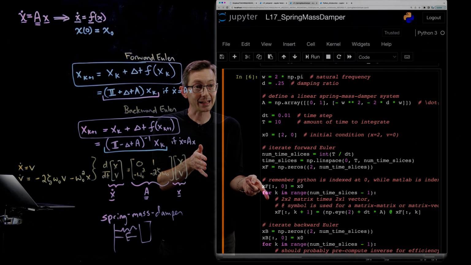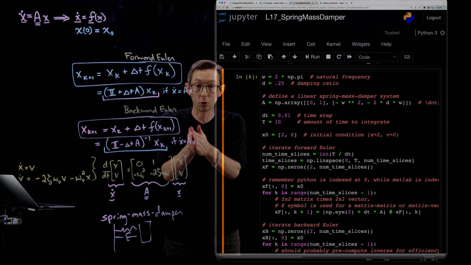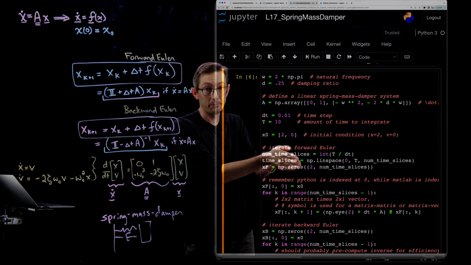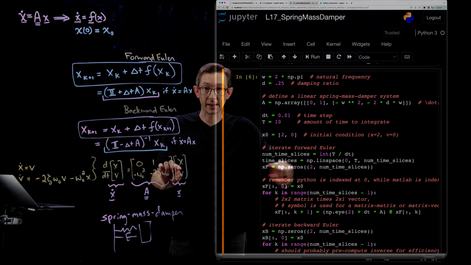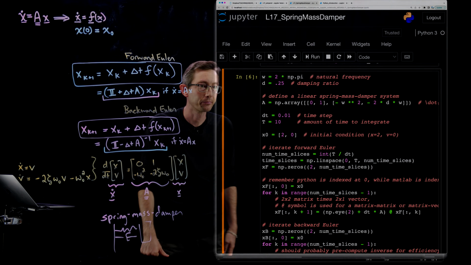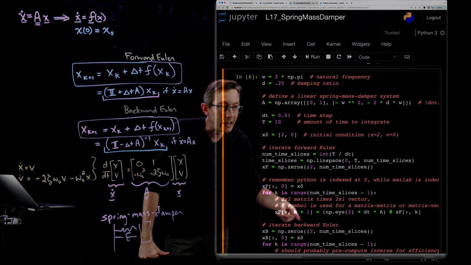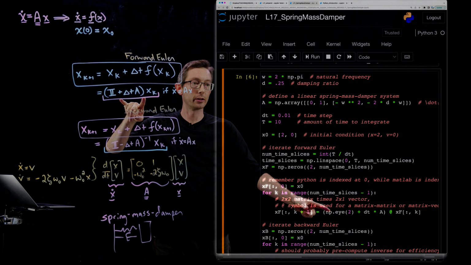So this big xf array is going to store my trajectory as it evolves in time. The whole first row is going to be a trajectory of my position. The whole second row is a trajectory of my velocity. And this line here is this forward Euler update.